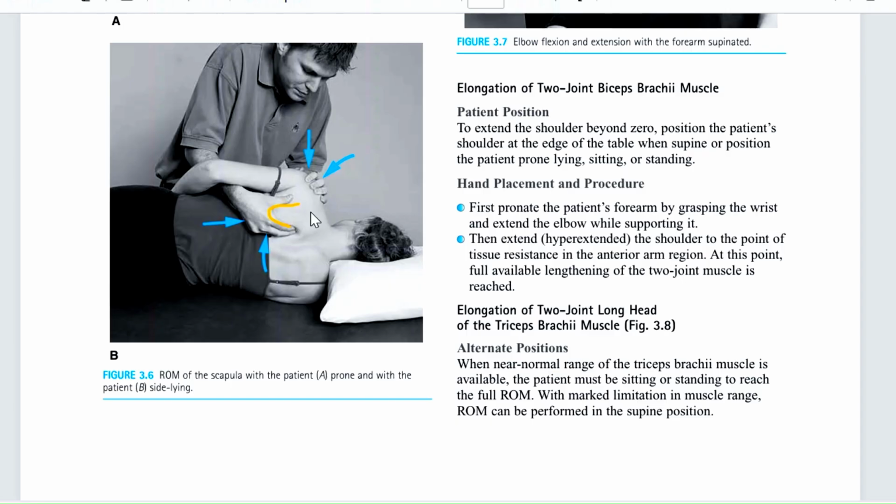Both sideline and prone are easy to make, depending on the patient's condition. Some patients cannot make the prone position due to certain conditions, like if the patient is asthmatic or has cardiovascular conditions, you can avoid the prone position and perform every movement in a sideline position, okay? So this is all for today.